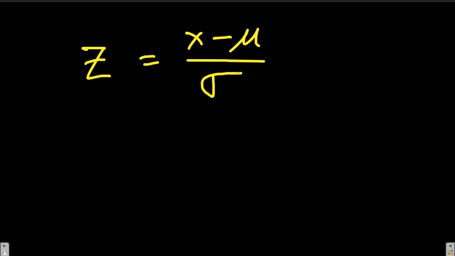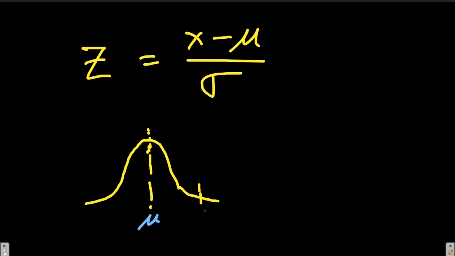Now, if I try to understand the Z using the normal distribution curve, let's say this is the mean, mu. And let's say I have my x, which is here.